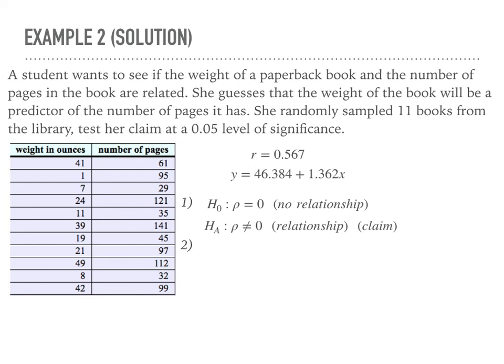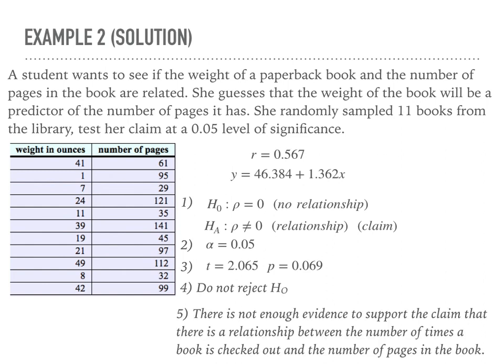So alpha equals 0.05. Our test value comes out to be 2.065, and our p-value is 0.069. Thus, we decide do not reject the null hypothesis, and there is not enough evidence to support the claim that there is a relationship between the number of times the book is checked out and the number of pages in the book.